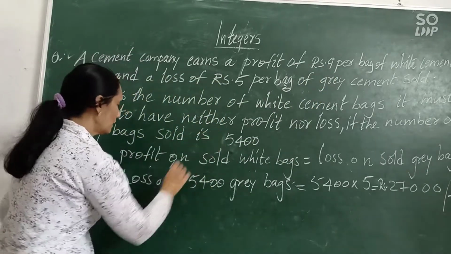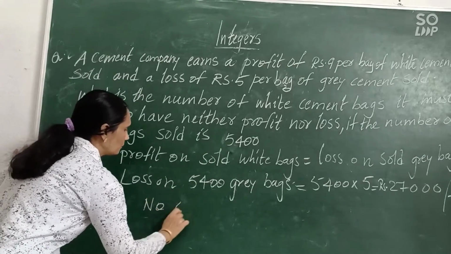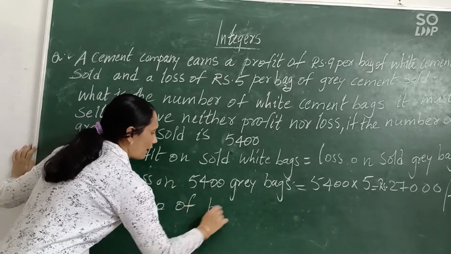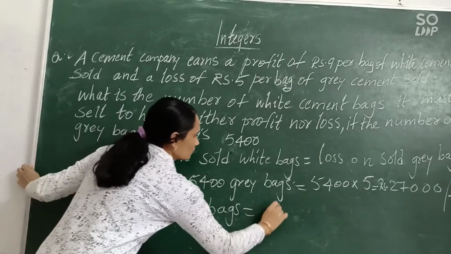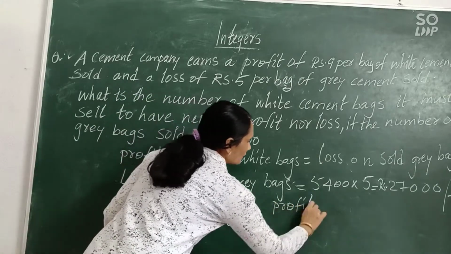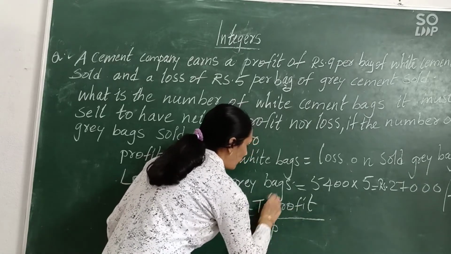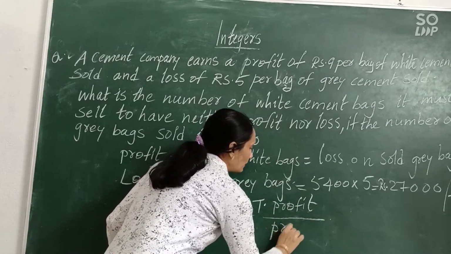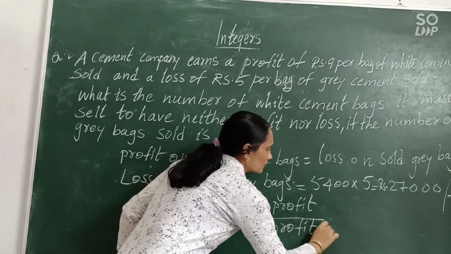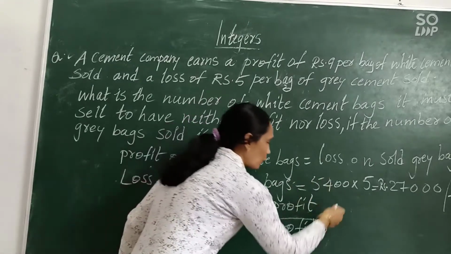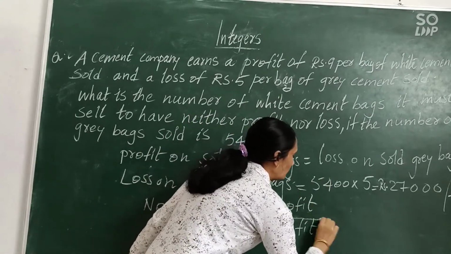So to get the number of bags, what will we do? Number of bags is equal to total profit by profit of one bag.